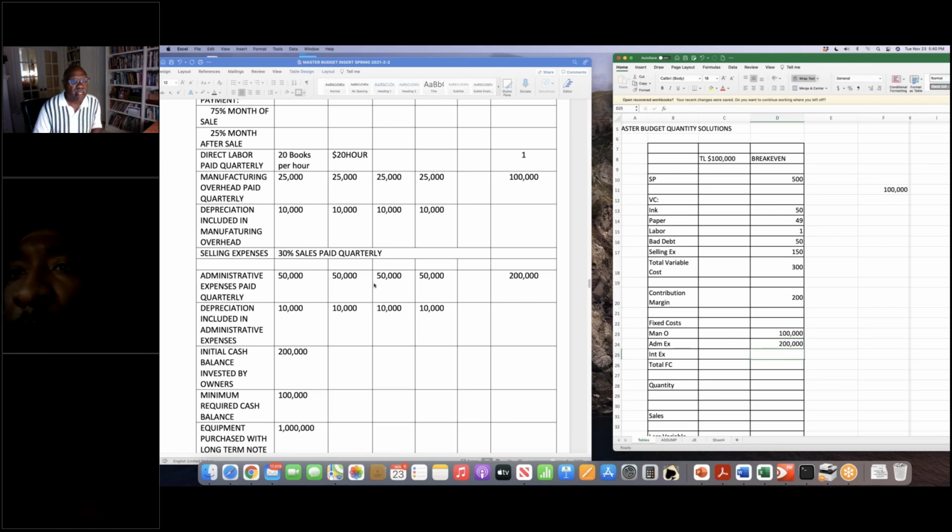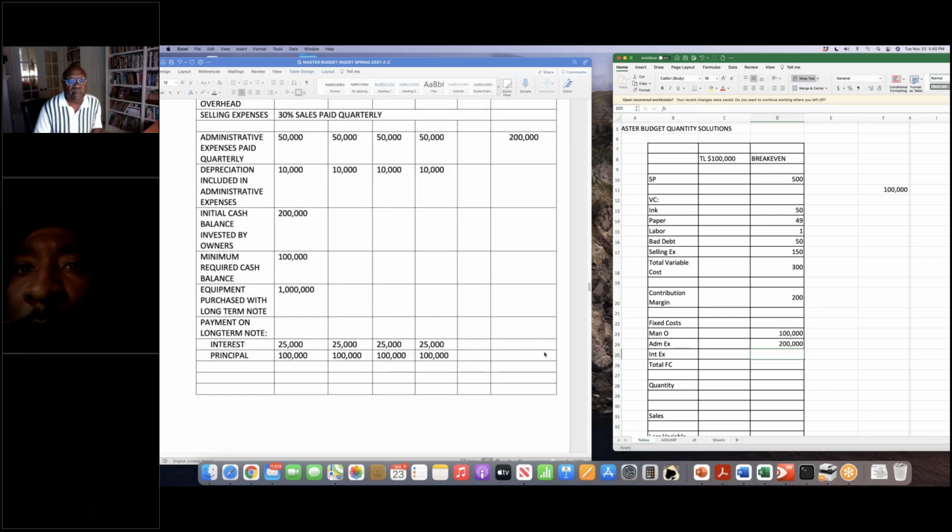And the final thing we're going to do is put in here what? The interest expense. So how much is the interest expense? 100,000. Because we just add them up there in that quarterly. So our interest expense total is 100,000. So what is our total fixed cost? 400,000.